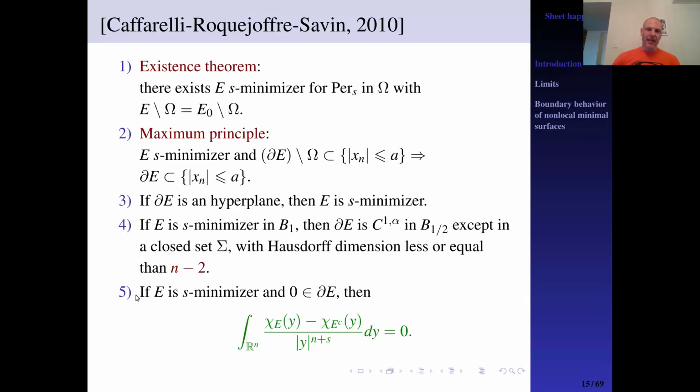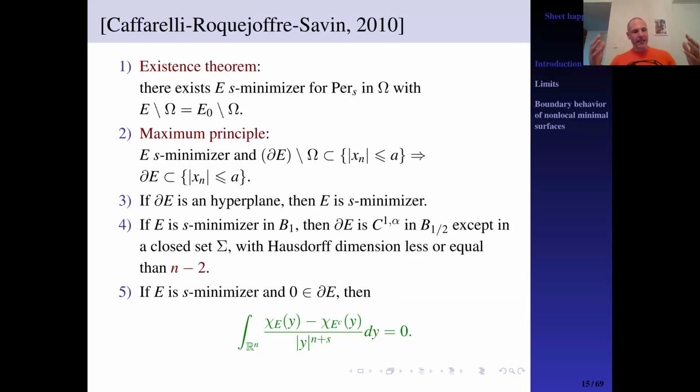So basically, if you have an S minimal set E, and you have a point on the boundary, for instance, the origin, then you have an integral equation satisfied by the characteristic function. And we will go back to this equation later on, but basically for me, this object here in green plays the role of a non-local mean curvature.